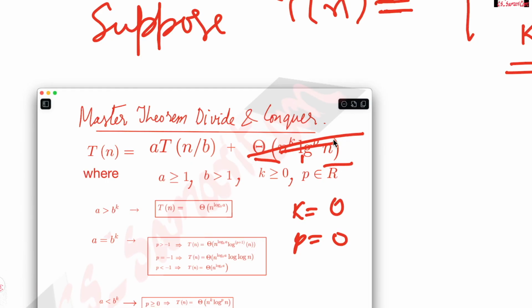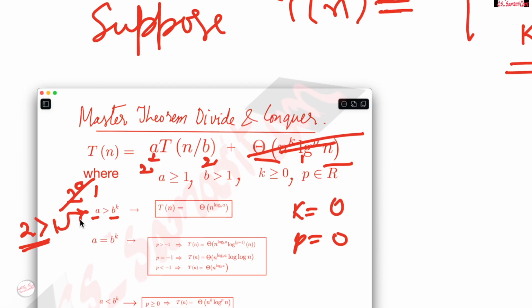Okay, now what? The format over here is that b is equal to 2, while a is 2. So a and b raised to the power of k is being considered, right? That is the first case that we check. k is equal to 0, so 2 raised to the power of 0 is nothing but 1. So is 2 greater than 1? Yes, that part is correct.